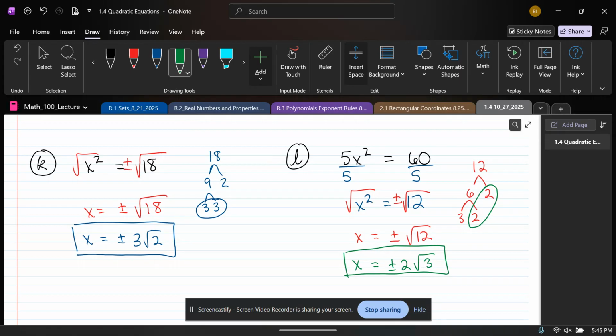Whatever number's in the pair goes on the outside, to the front, and then the one that doesn't have a buddy stays inside. That's the way I always think about that.